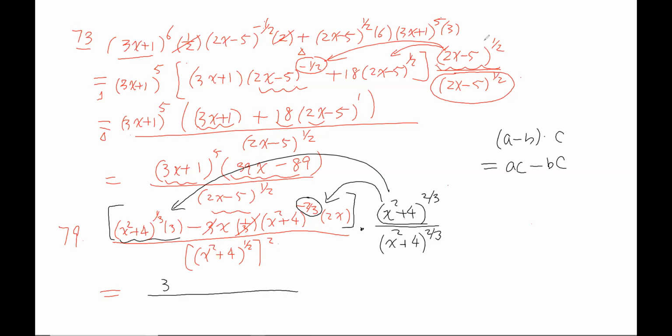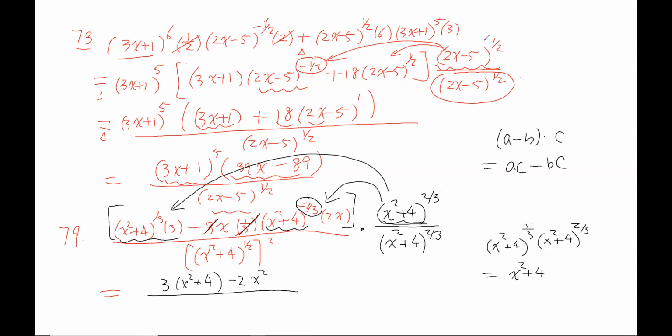3 is a constant. Then you have x squared plus 4 to the 1/3, then x squared plus 4 to the 2/3. What do we have then? x squared plus 4. That's it. You agree? And now don't forget the 3 and the 1/3 canceled. So you get minus 2x squared, yes? What about this guy?